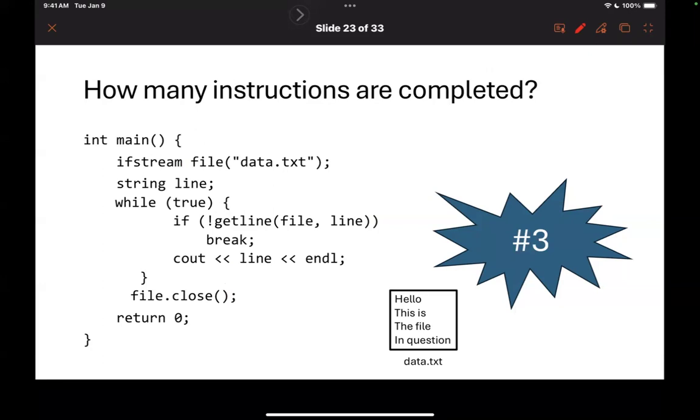How about this one? First of all, what's my input? Okay, so the file's my input. And so it currently has 4 lines.